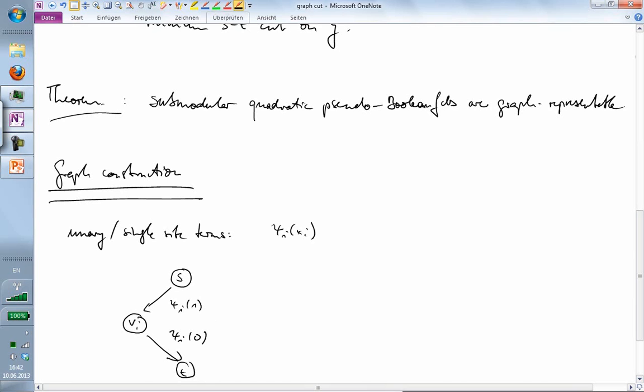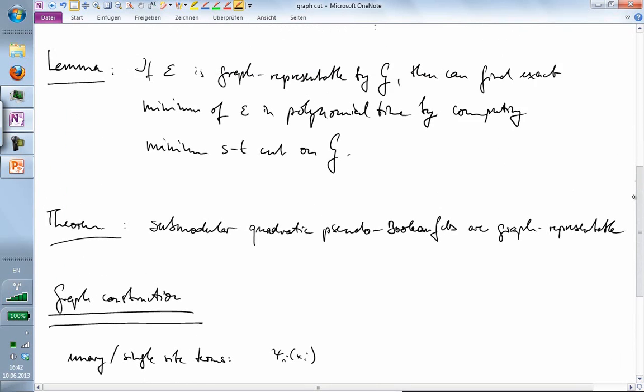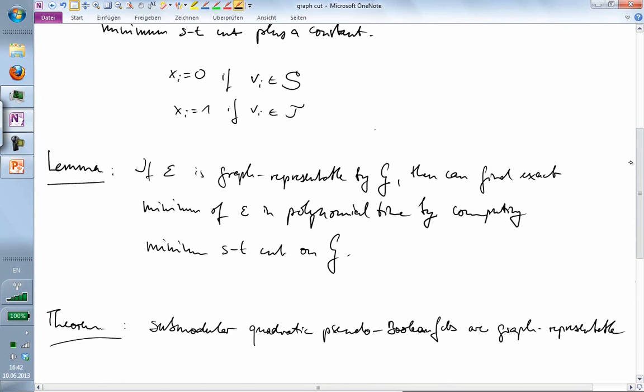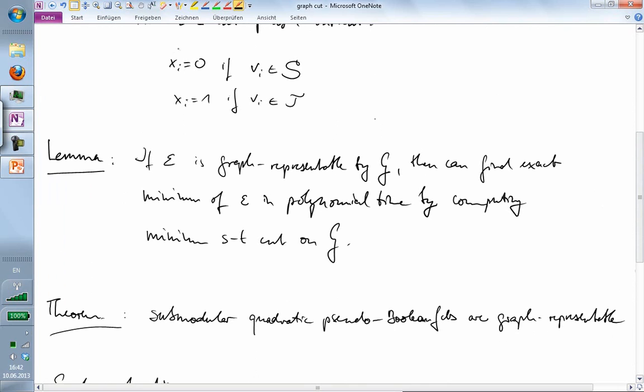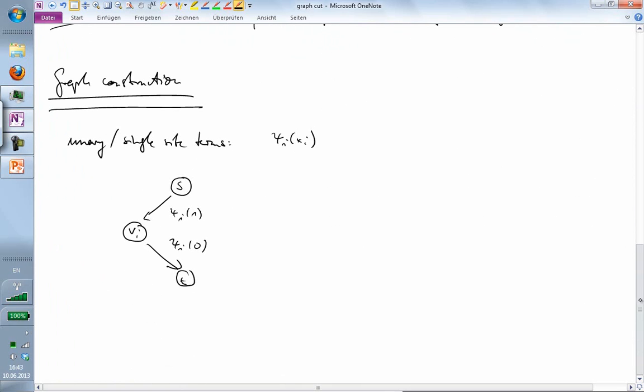So I used the convention that xi is considered to be 0 if it's connected with the source and 1 if it's connected with the sink. So S corresponds to label 0 and T corresponds to label 1.